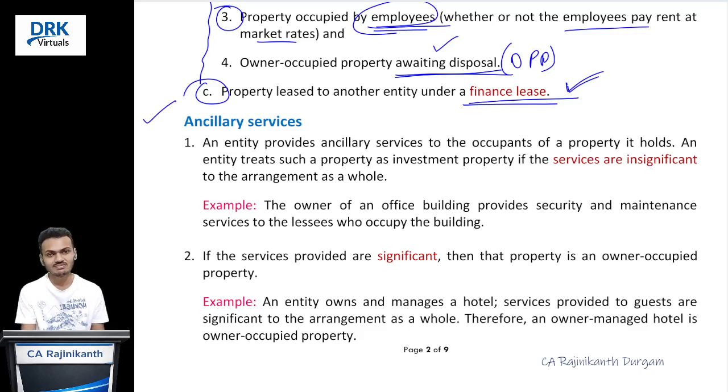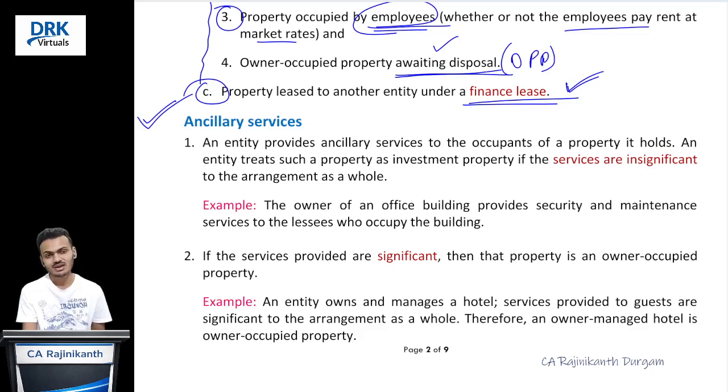Now you tell me whether this service is significant or insignificant to that arrangement as a whole. Obviously, it is insignificant. In that case, we should treat that property as investment property. Another example, suppose entity is owning a building and using that building as a hotel for providing lodging and boarding services to the guests.